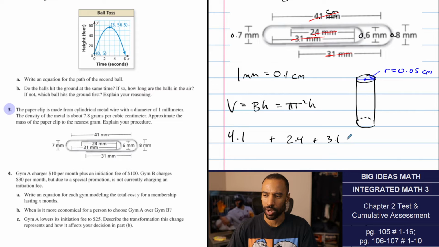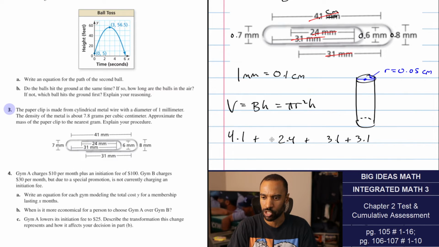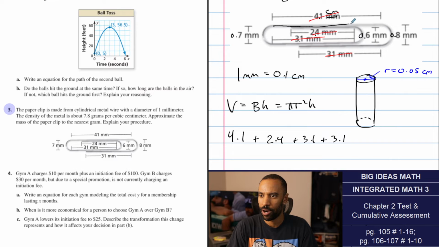So these are all the straight parts, I believe. I'm trying to make sense of this as well, so give me a second. We covered this straight part, this straight part, this straight part, and this straight part. We're now left to this curvy part, and this curvy part right here.